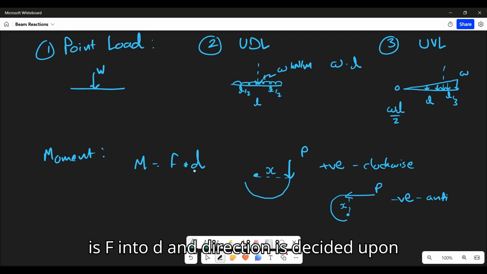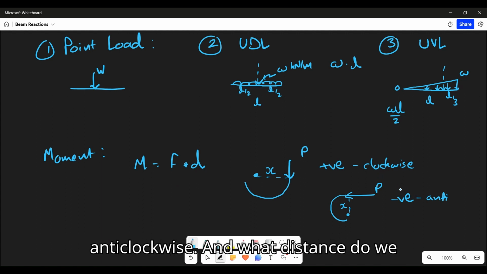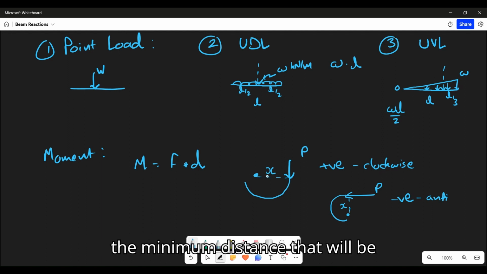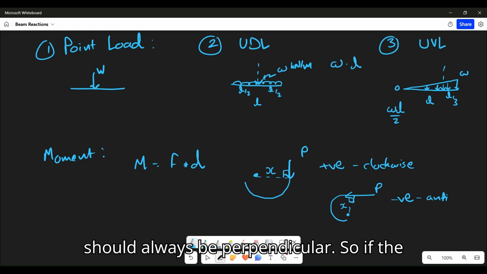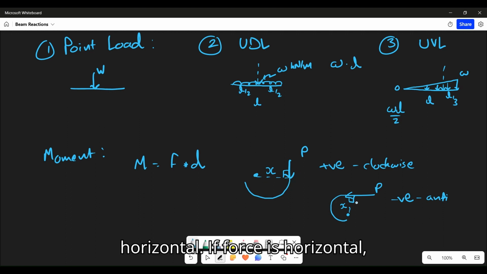The formula is F into D and direction is decided upon whether the rotation is clockwise or anti-clockwise. And what distance do you take? The distance taken is the minimum distance. That will be perpendicular distance. So this P and X should always be perpendicular. So if the force is vertical, distance is horizontal. If force is horizontal, distance is vertical.